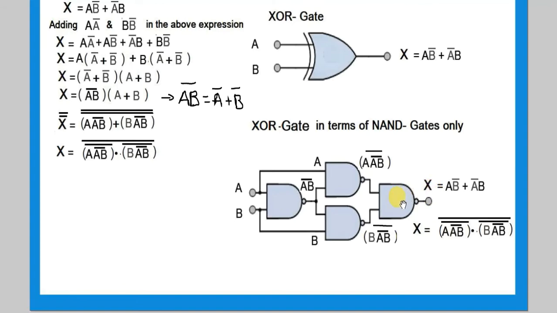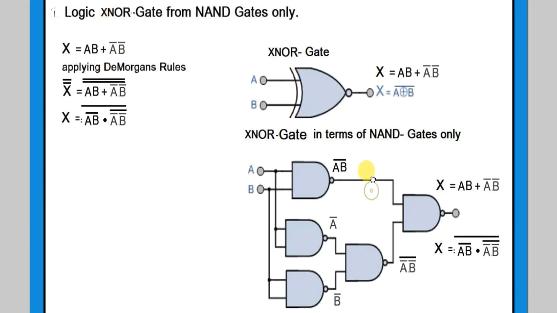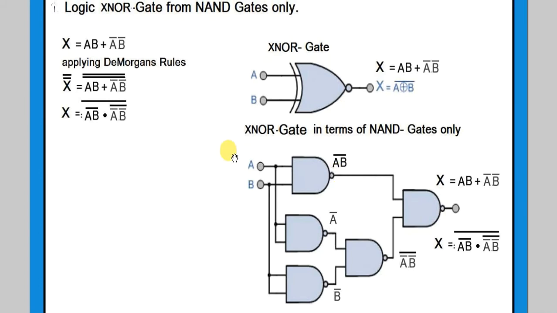Now the next one is the exclusive NOR gate in terms of NAND gates only. We have the exclusive NOR logical equation, which is AB plus A complement B complement. Applying De Morgan's rules, we take the double complement, and the first complement is applied so that the sum is expressed as a product of the complemented terms. Two steps are enough.